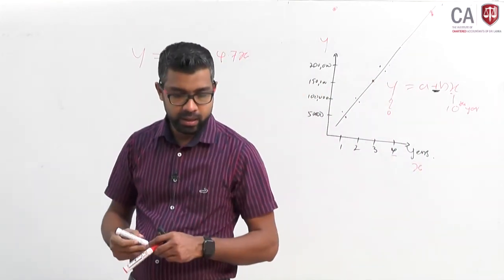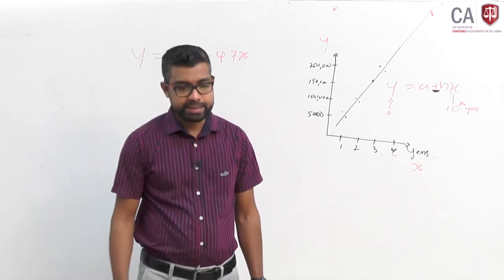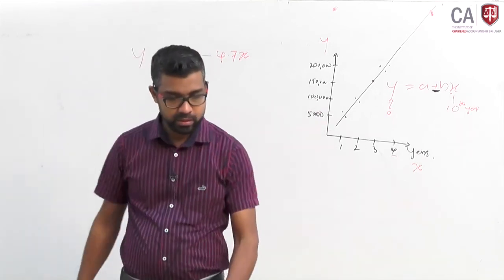Let's see by putting in numbers. X is time, y is sales level.